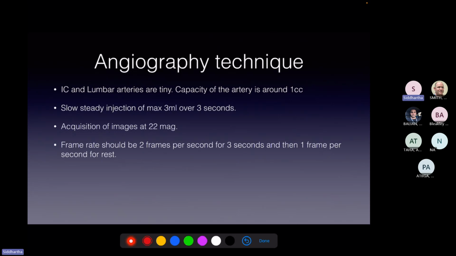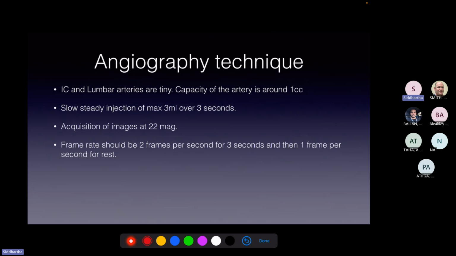To demonstrate the venous anatomy, I inject 10 cc over 12 to 15 seconds. What it does is, if I have not found a shunt and I'm doing a spinal angiogram, and there's a strong suspicion, I now need to demonstrate that the veins are normal. So then I inject 10 ml, and I inject this extremely slowly, around 12 to 15 seconds.